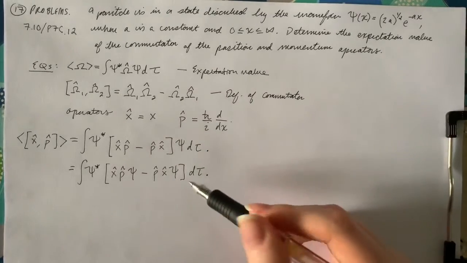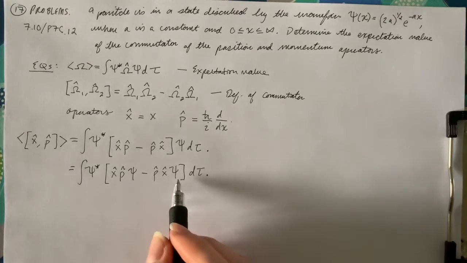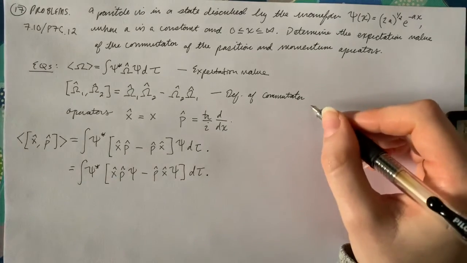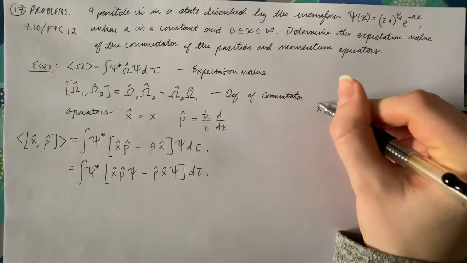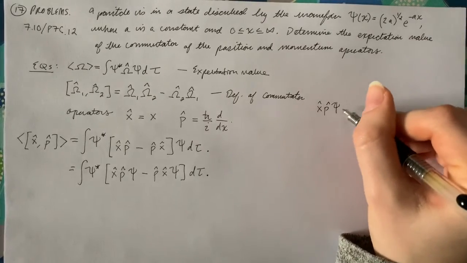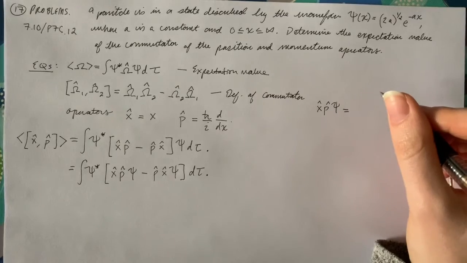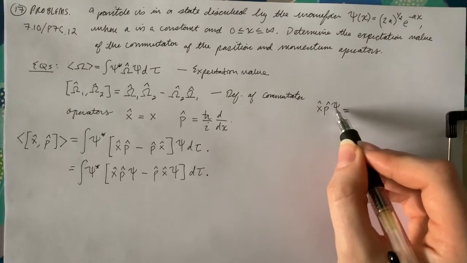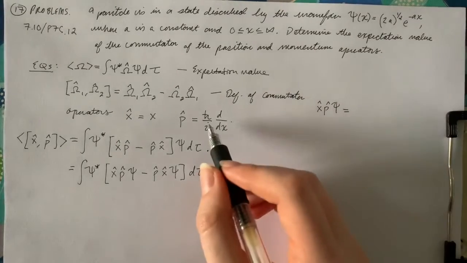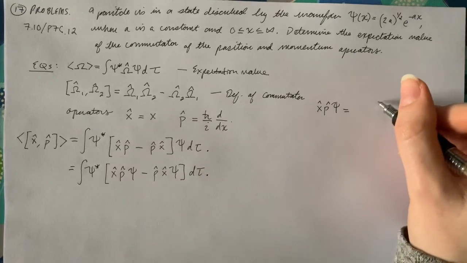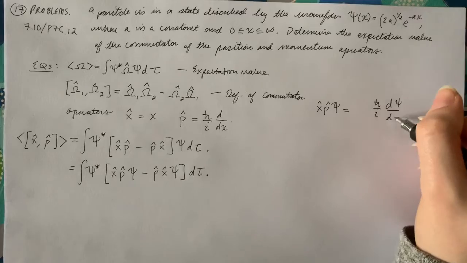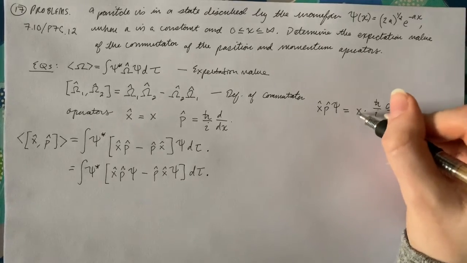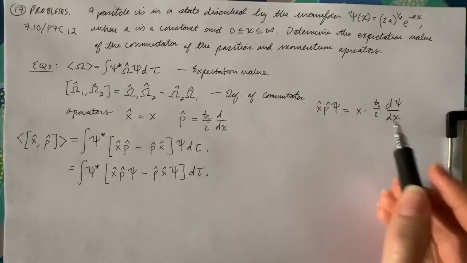And Atkins shows us what these are, but I'm going to write these over here for our own reference. So we have position momentum psi equals, so we can go this way first, h bar over i d psi dx times x.